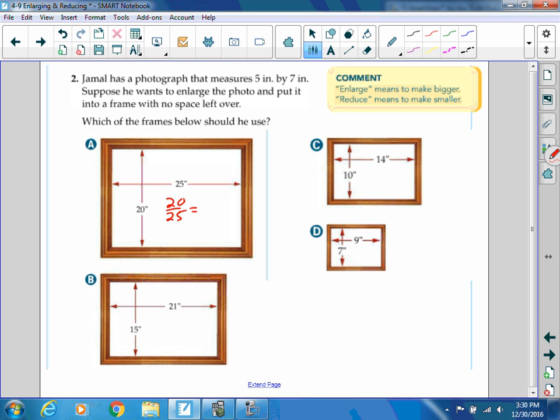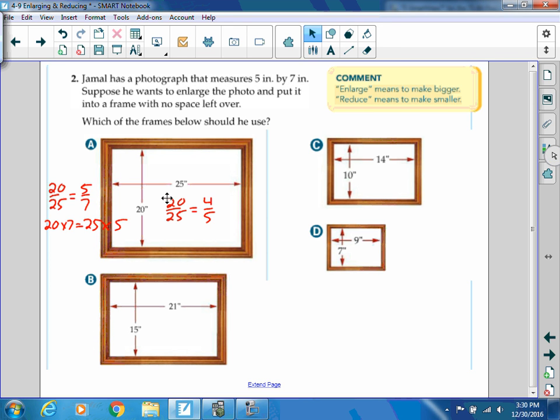So if 20 over 25 will reduce to 5 by 7, okay, then I know that this one would work. Well, the problem here is 5 goes into 20 4 times, 5 goes into 25 5 times. This reduces to 4/5, not 5 over 7. Okay? The other way I could look at this is set up a proportion and see if it's true. So if I took 20 over 25 and 5 over 7, I need to see if, when I cross multiply, 20 times 7 equals 25 times 5.